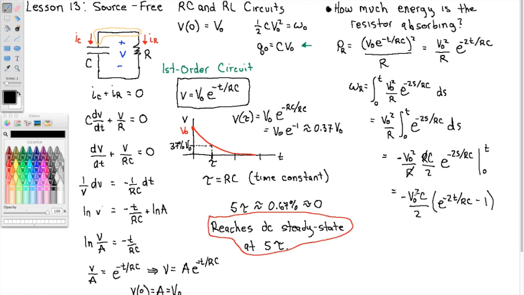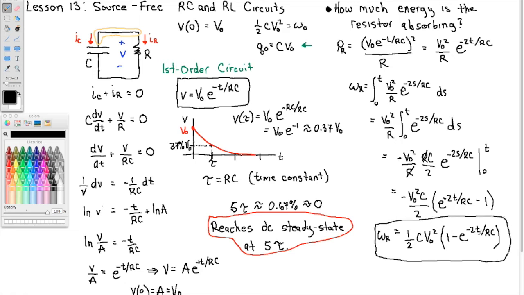Now the minuses, I've got a minus out here, so that can flip if we distribute it in. And let me write it like this: 1/2 C V0 squared times 1 minus e to the negative 2t over RC. All right? So this is the energy, again, absorbed by the resistor.